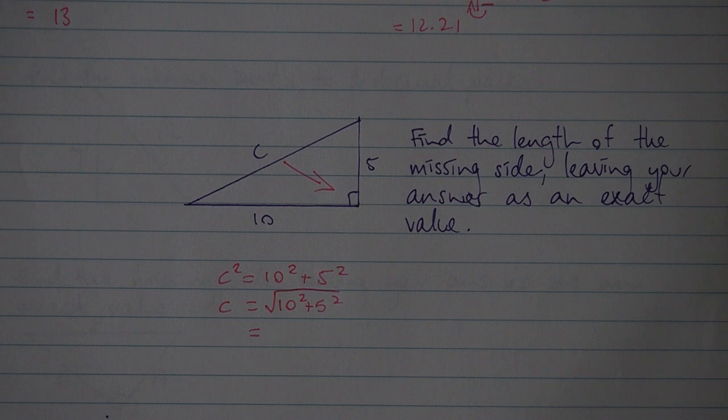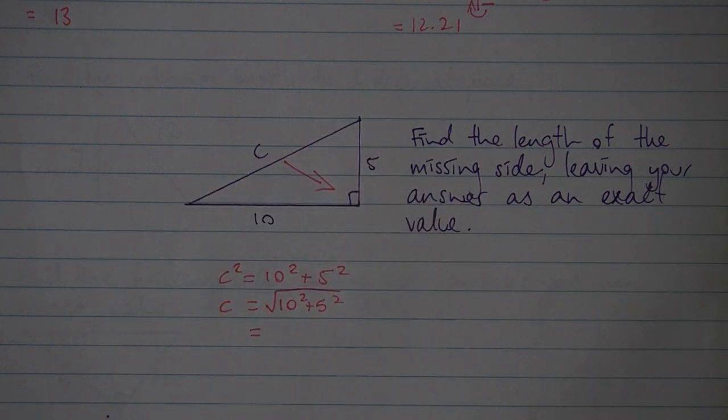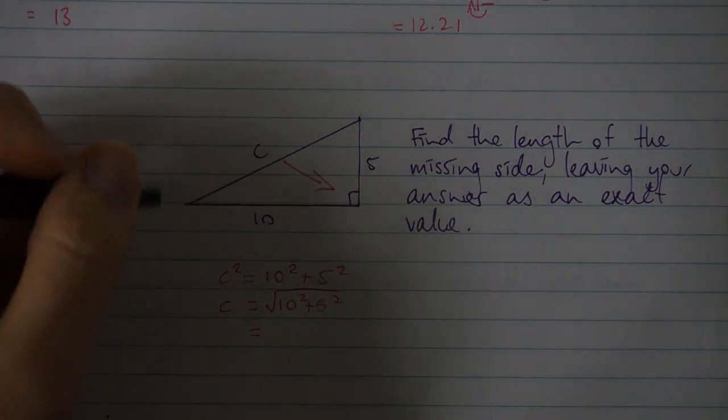So a decimal answer is an approximation. It means the length of the hypotenuse is pretty close to 11.18, but it's actually 11.180333989, and I'm sure that number may or may not continue. So an exact value leaves our answer in a square root.